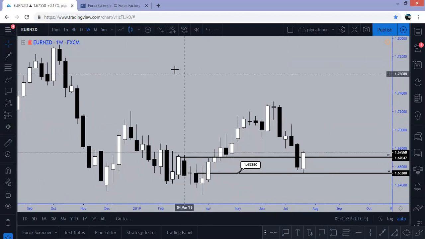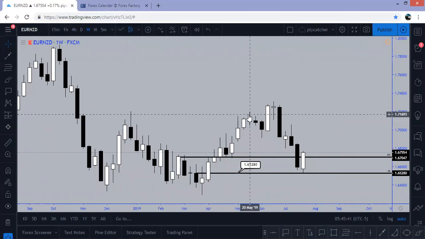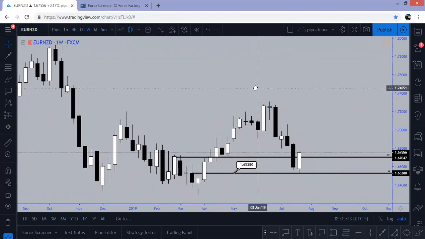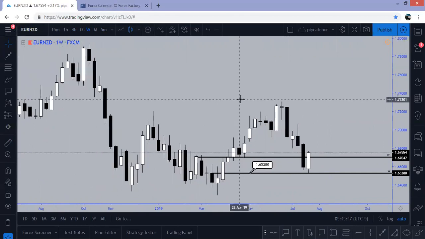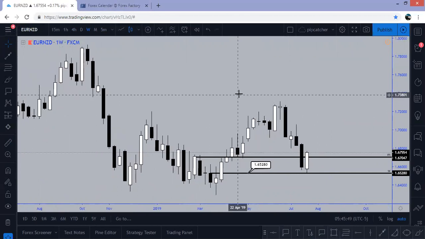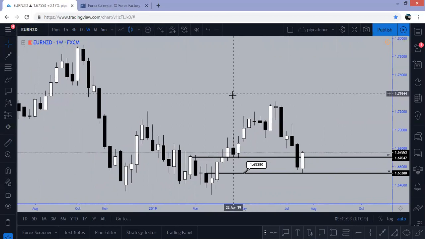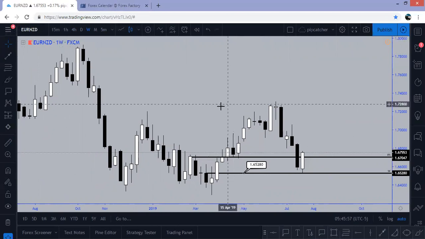There's always money to be made in this market, and just because you miss one setup doesn't mean that it's the end of your trading career. It's not the end of the world. There's always going to be more money to make and more setups to take, right?